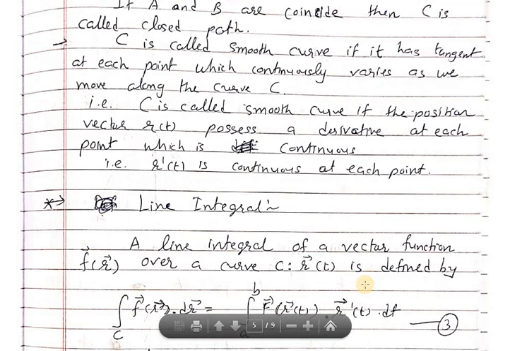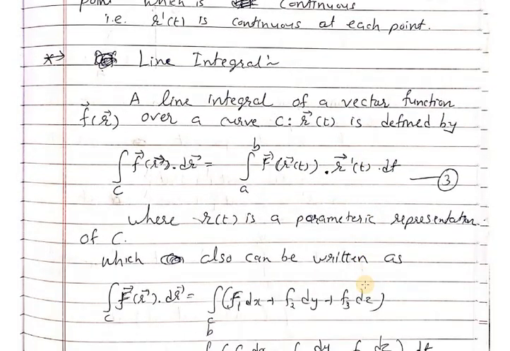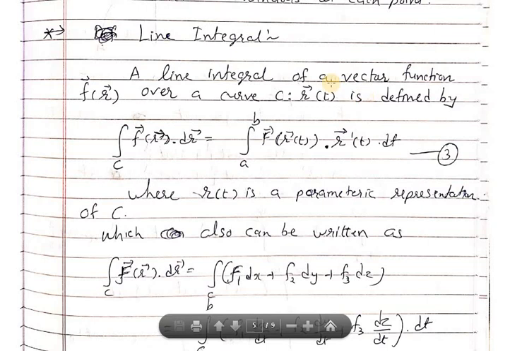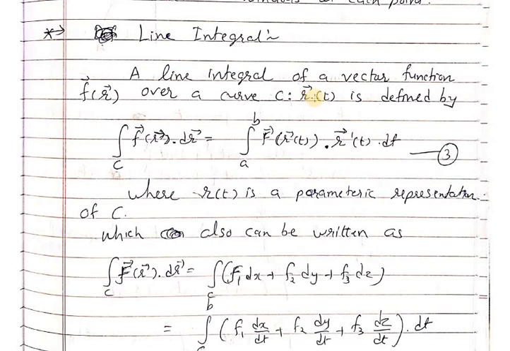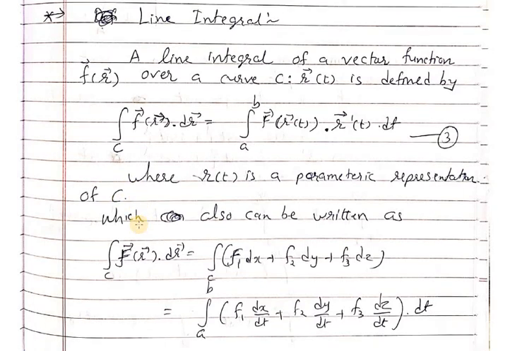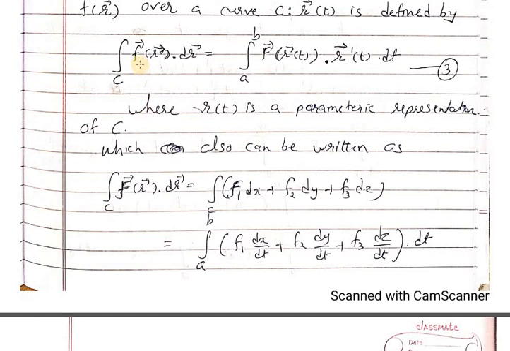Now we are starting with a line integration. A line integration of a vector function f bar r over a curve C, r bar t, is defined by integration over C f dot dr, or you can write it as a to b f(r(t)) dot r dash t dt, where r(t) is a parametric representation of your curve C, which can also be written in a form of, since f bar is equal to f1i, f2j, f3k, and dr is dxi, dyj, dzk.